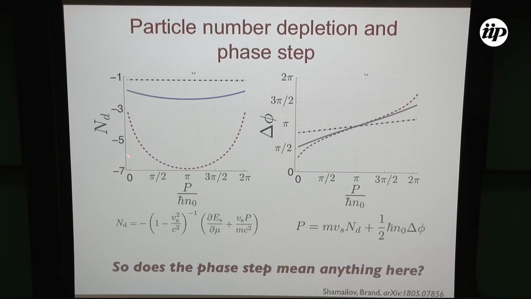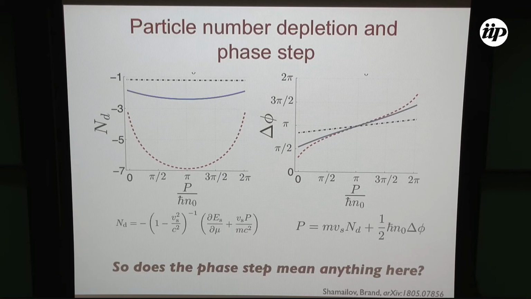Yeah, so ND, depending on momentum, is plotted here again. I apologize, there are no indications here; these are for different interaction strengths. The line up here is for very strong interaction, near the Tonks-Girardeau limit. I think blue is probably for gamma equals 1, and this is more in the Gross-Pitaevskii regime, or the weakly interacting Bogoliubov regime where gamma is small.